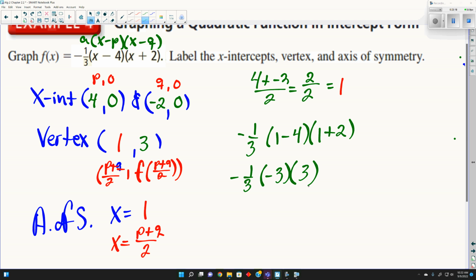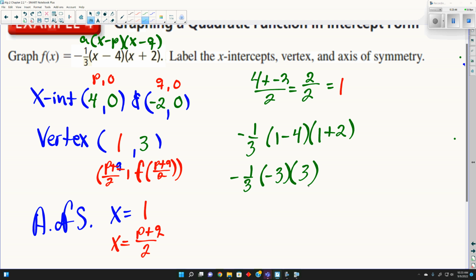Well, there's 2 ways we can go about doing this, and most of it's just how do you prefer multiplying 3 things together. So we can do the first 2, -1/3 times -3. Well, the negative and negative would make a positive. What's 1/3 times 3? Well, it would multiply on top, yes? Which would be 3 over 3. 3 divided by 3 is 1.